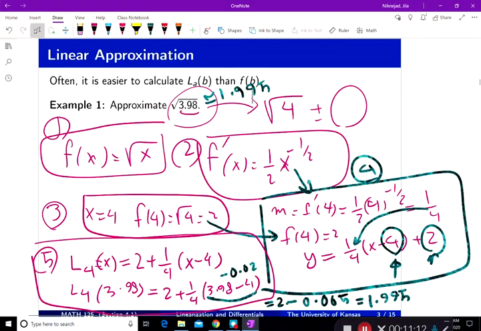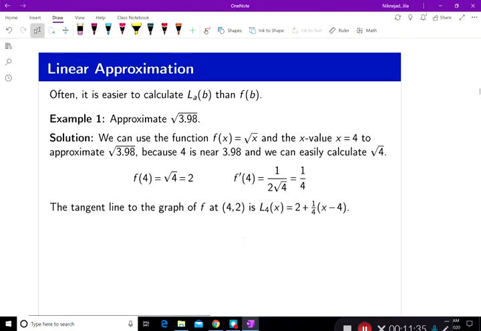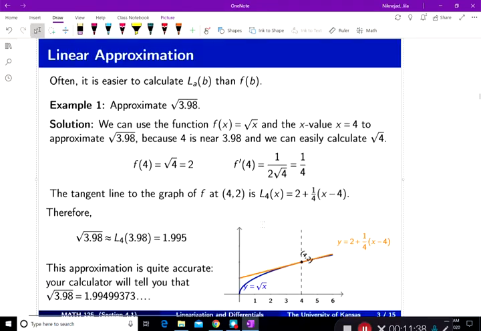And again, the reason we were allowed to approximate it at 4 was that 4 is your A here. This one is your A. B is very close. 3.98 is very close to 4 as far as I'm concerned. And that's why we use the linear approximation to calculate the value basically.